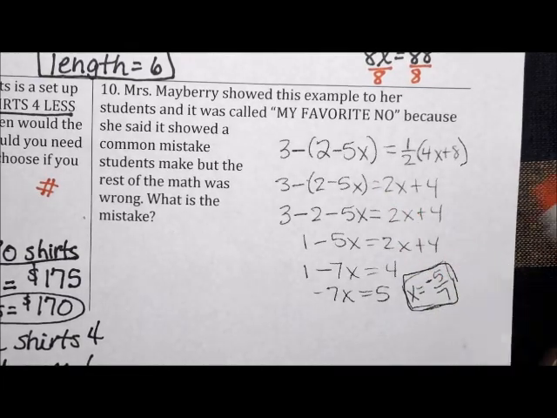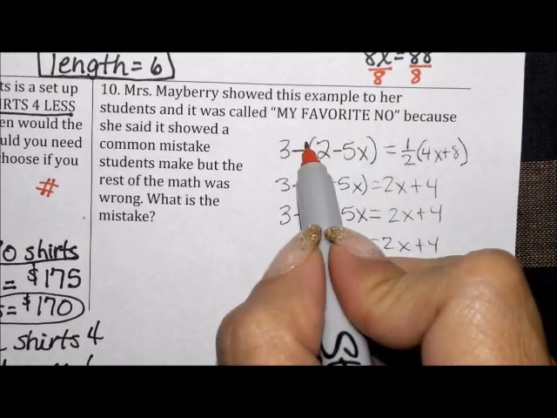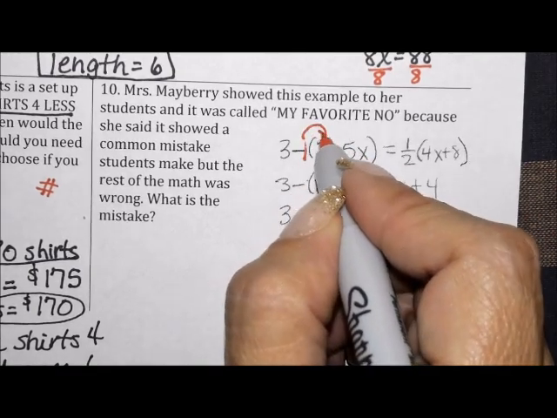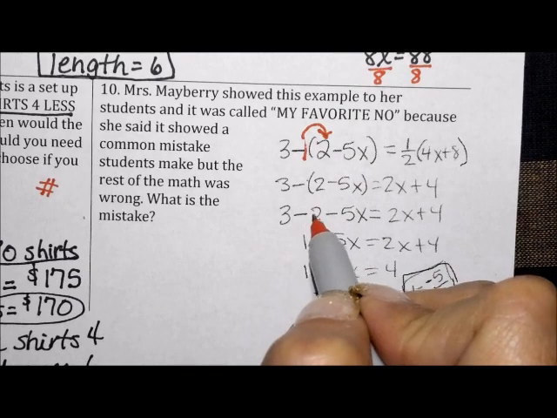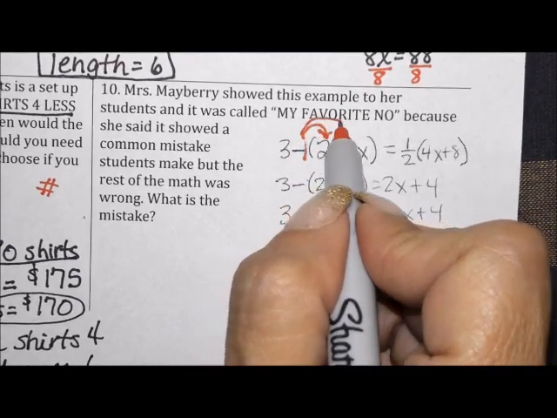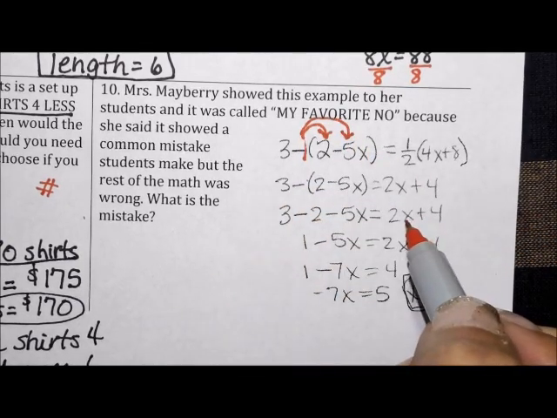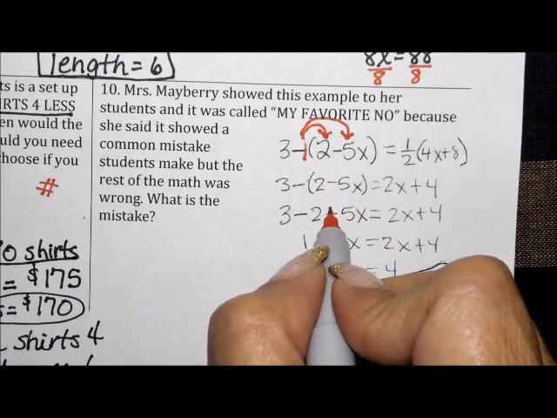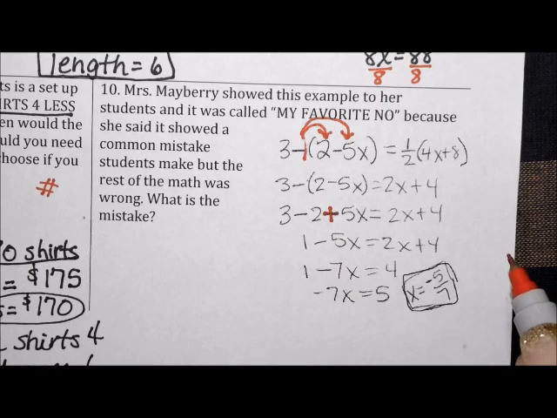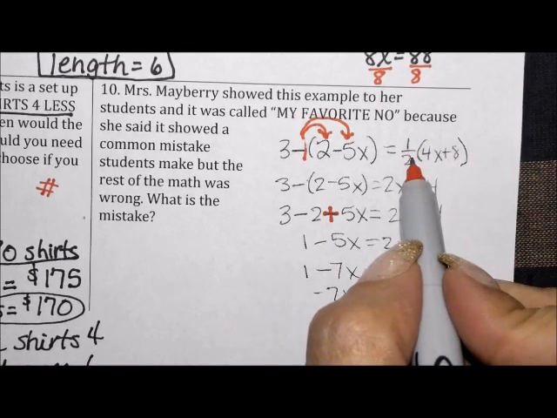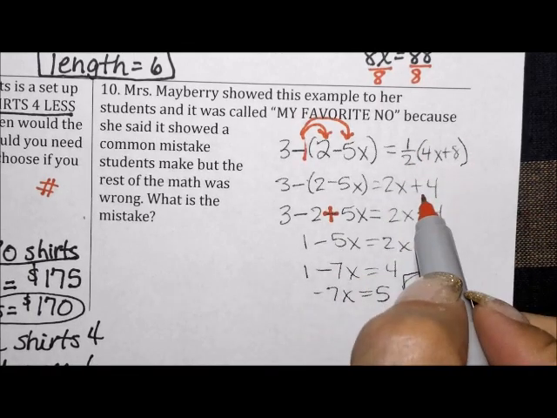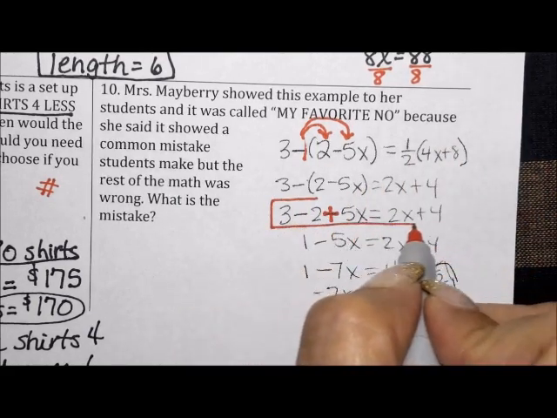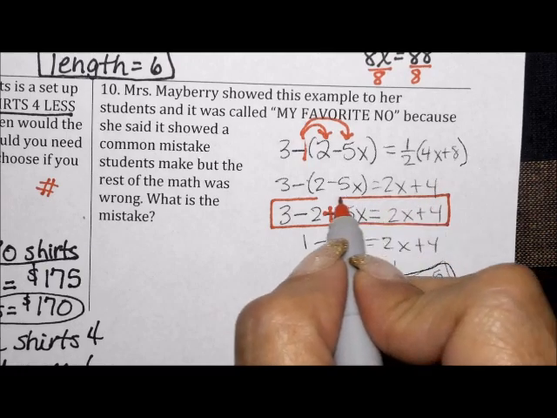Alright, have you found it? I'm going to put a -1 here. -1 times 2 is -2. -1 times -5. Yeah, right here. That should be a positive 5x. 1/2 of 4 is 2. 1/2 of 8 is 4. So right here, they made an error.